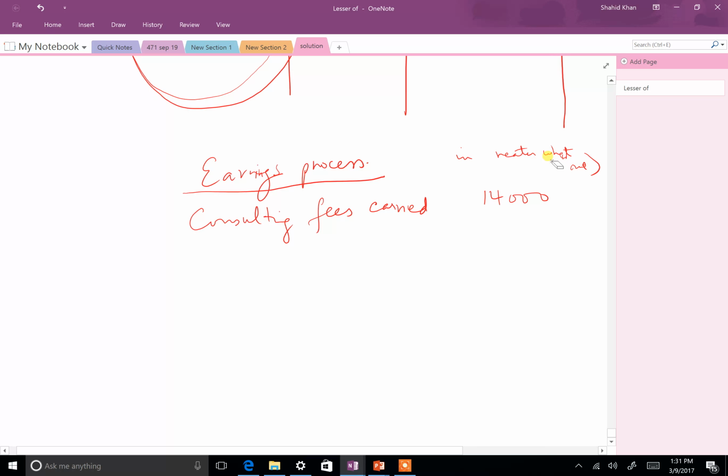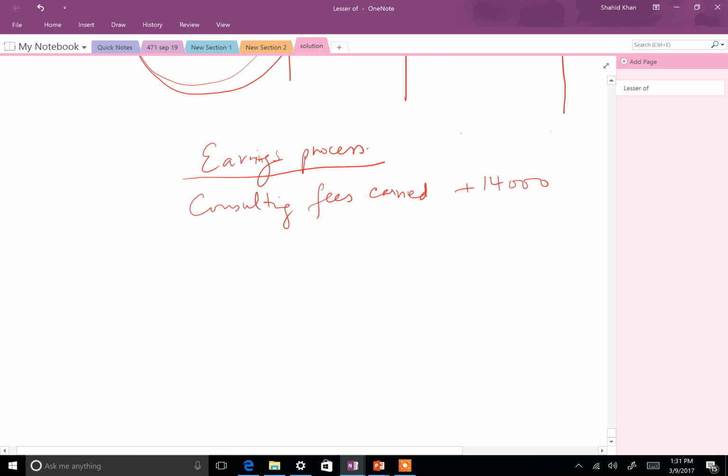So money comes in, we're going to put that on top, so that is plus 14,000. It comes in, it's earned, we earned it. And then the money that goes out is always represented by the word expense.